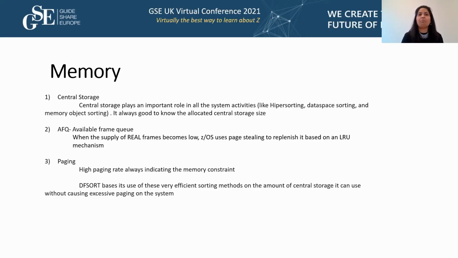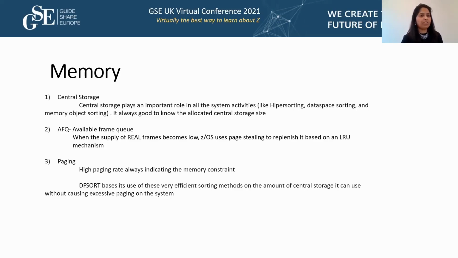Central storage plays an important role in all the system activities like hipersorting, data space sorting, and memory object sorting. It is always good to know the allocated central storage size and available frame queue. It plays the main role in your system activities.